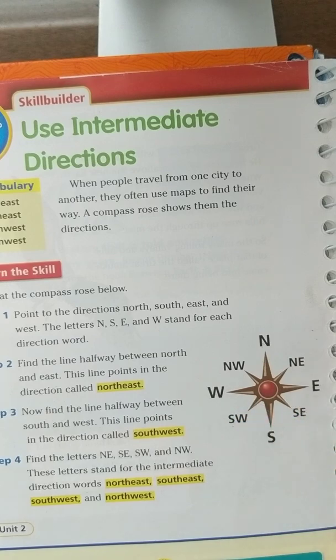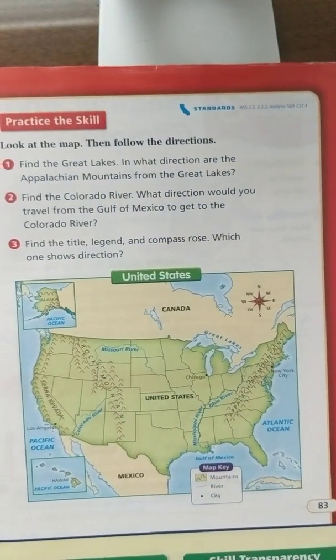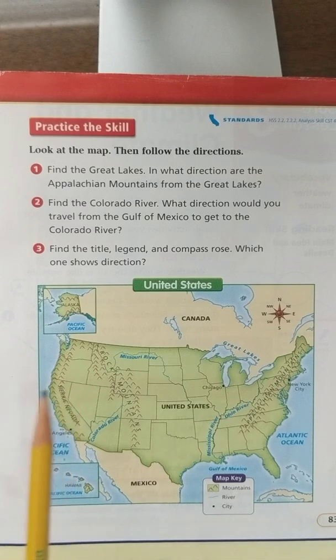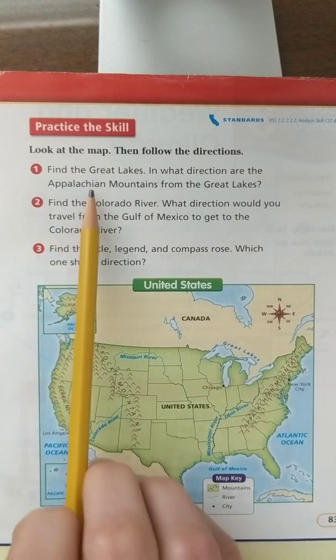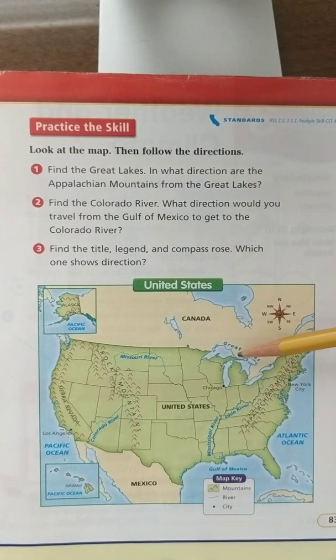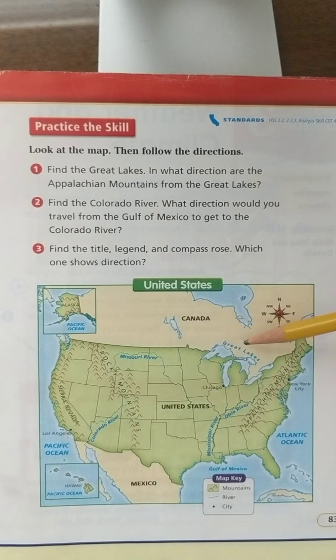All right, turn the page and we're going to practice using a compass rose and naming the direction that we're traveling on the map. So number 1, find the Great Lakes. In what direction are the Appalachian Mountains from the Great Lakes? So we talked about this the other day. Our Great Lakes were up here. These really large lakes that we have between the United States and Canada. The Appalachian Mountains are over here on the East Coast.